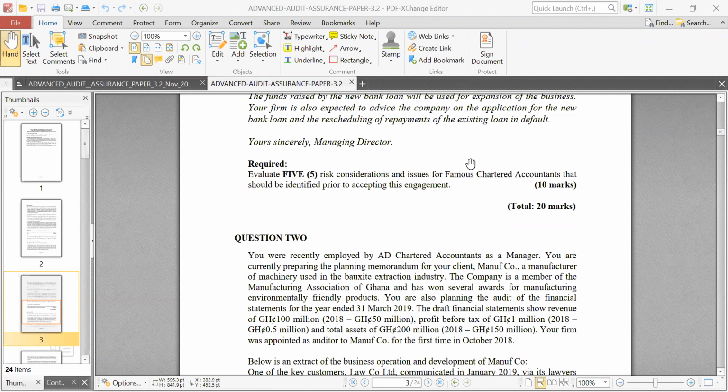Another thing is that the client seems to be very focused on the auditor's role as an advisor rather than an auditor. I don't know if you realize that. Yes, sir. So we are not clear, as Caleb said, at the beginning of the audit the understanding has to be there. It's like you are going to sew a cloth for someone.